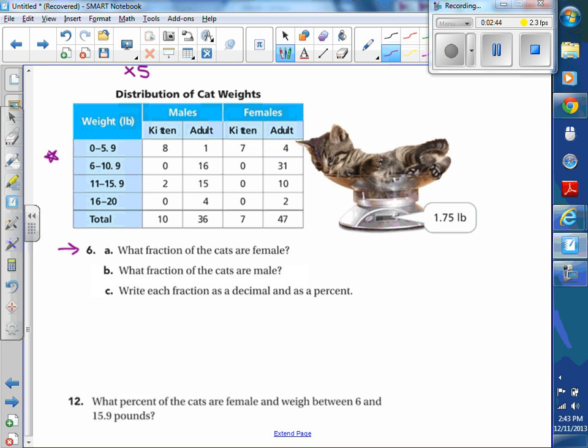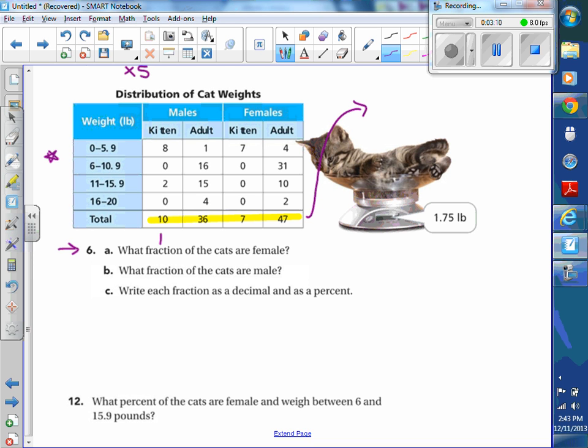And then you took all the weights, and how did you know which ones to use? The total weights on the bottom. And what did you do with those? I added.